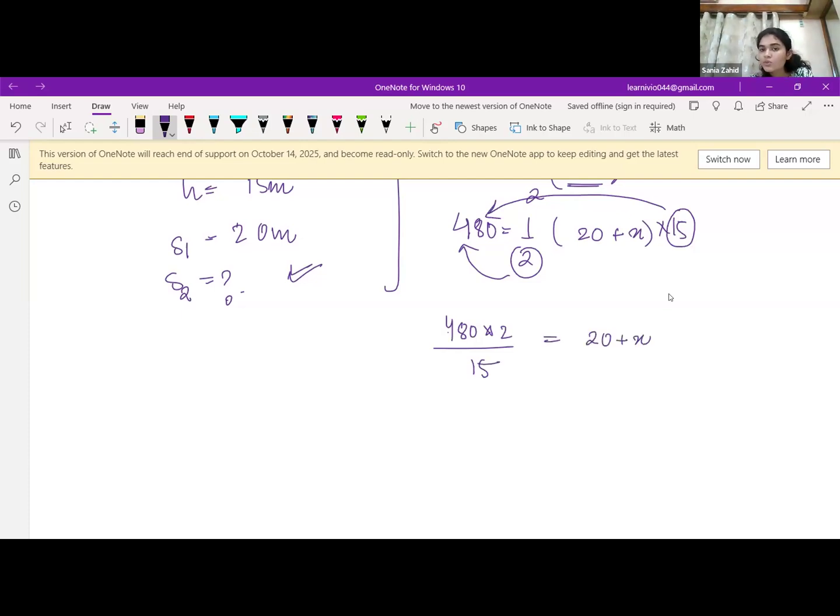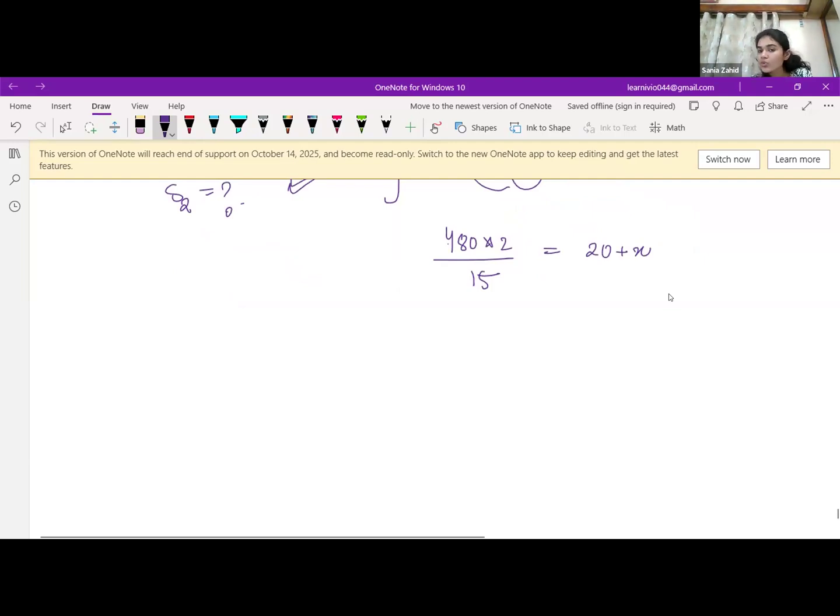Okay. So now can you cancel anything? 15 and 480, can you cancel? Yes. Let's try by 3. We can also cancel by 5 as well. 5 into 3 is 15, right? 5 into 9 is 45, right? 3 carry 5 into 9, 6 is 30. Then 3 into 1, 3 into 3 and 3 into 2.